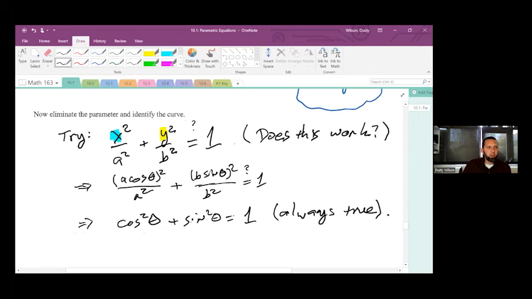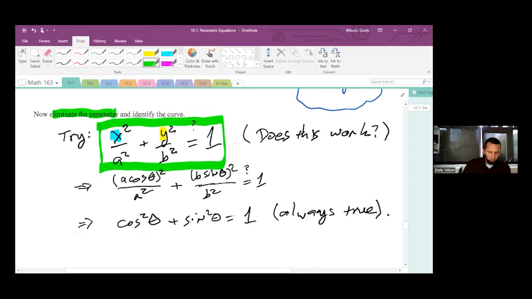So at the end of the day, we've eliminated our parameter. Our parameter is eliminated here with this function. And then we're also asked to identify the curve. So if we want to identify the curve, it's an ellipse. Pardon me.